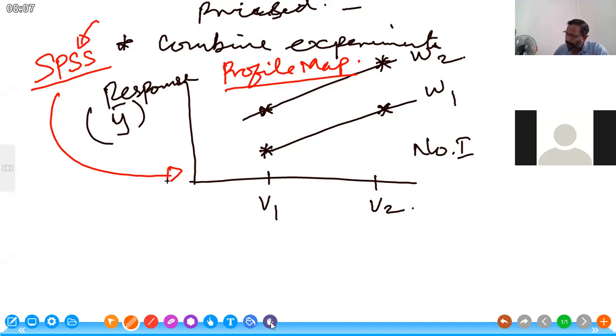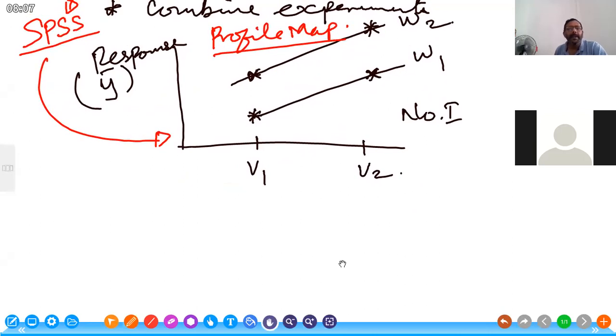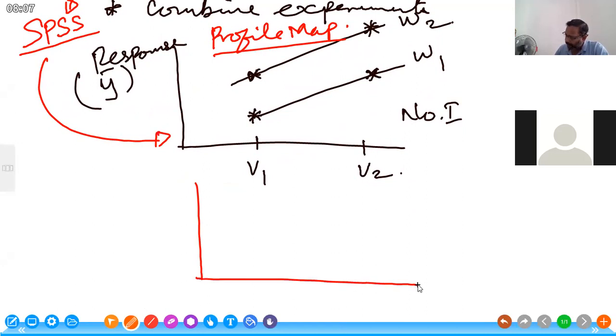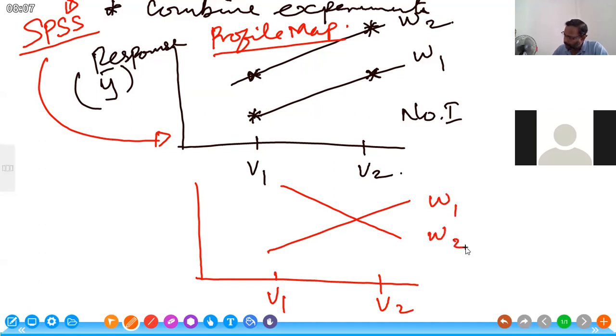Right. So that is the aspect of interaction. Suppose the response is different, let's say we have variety 1, variety 2, and the responses are here. So what we could say is that for variety 1, weed dose 2 is the better option.